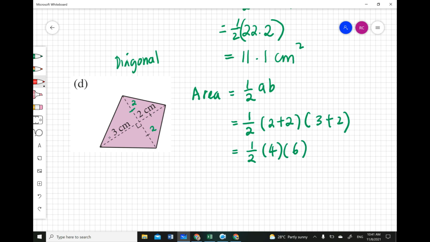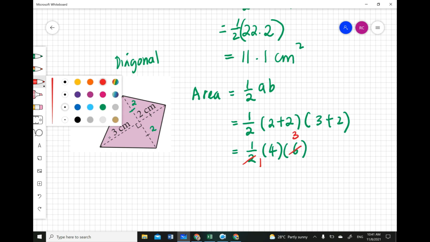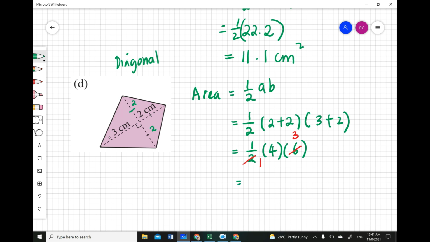So here I can simplify by using cancellation. 2 times 1, 2. 2 times 3, 6. After that, you just need to multiply 4 and 3. 4 times 3, how much? 12. 12, correct. 12 centimeter.